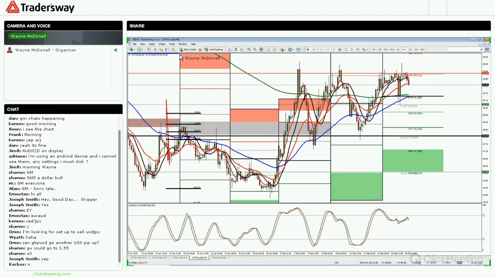So at least track the market. So today we have oil inventory. So at 10:30, the government will release inventories of oil. If inventories have grown, then oil prices generally fall.